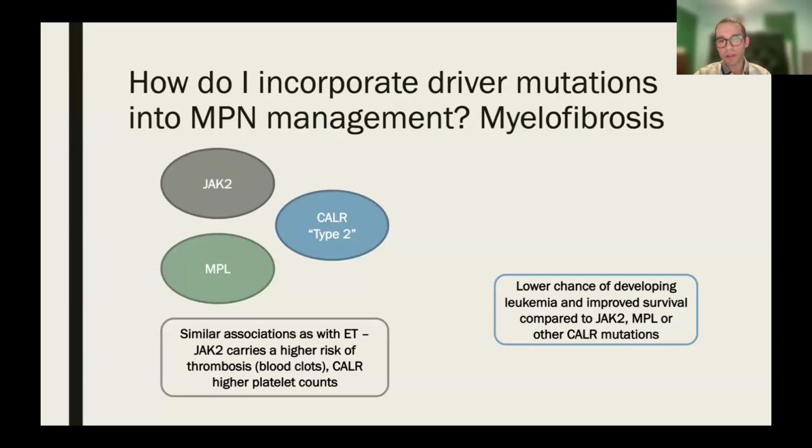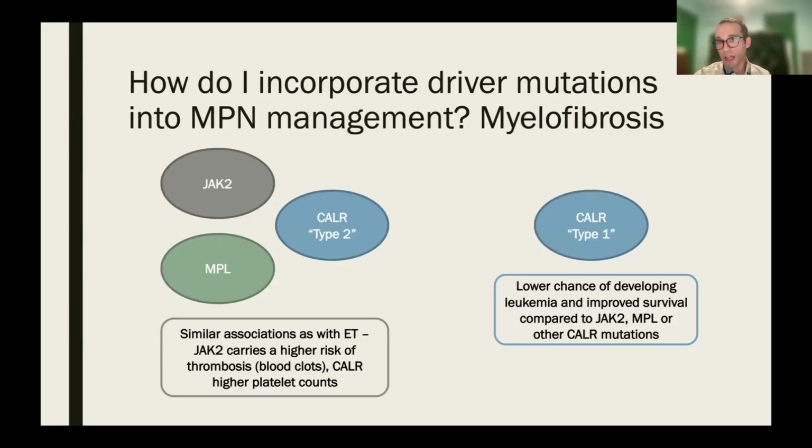Once we get into myelofibrosis, we have to distinguish between different types of CALR mutations as well. So some of you, if you have CALR mutations, might see in your report that you have a type 1 versus a type 2 mutation. These are slightly different types of mutations, and they confer different risks depending on which one you have.